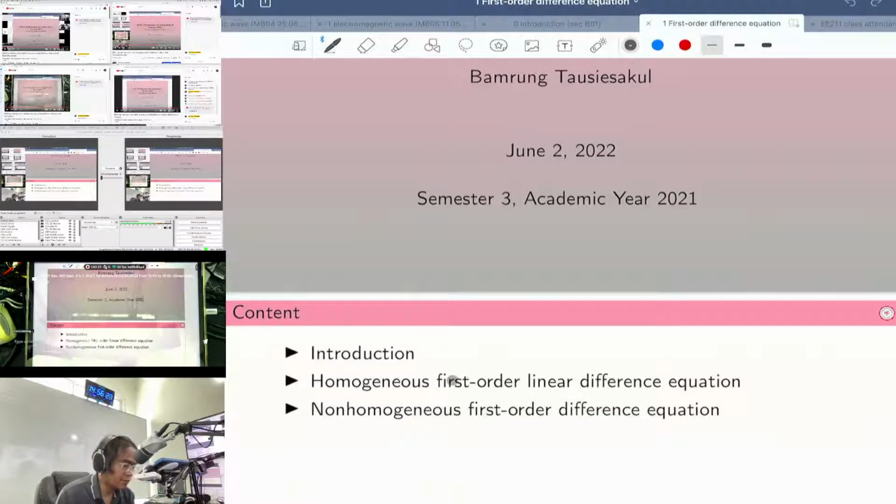The definition and explanation of why we say it's homogeneous will be talked about at that time. The second type of the first order difference equation is right here. It's the non-homogeneous case. The detail, the definition of the non-homogeneous situation will be discussed later.